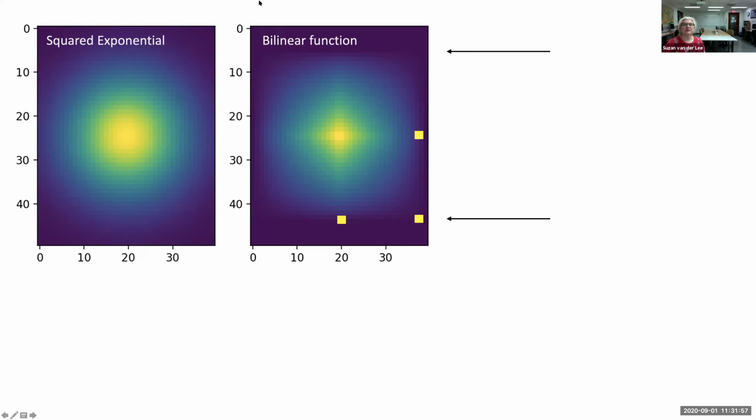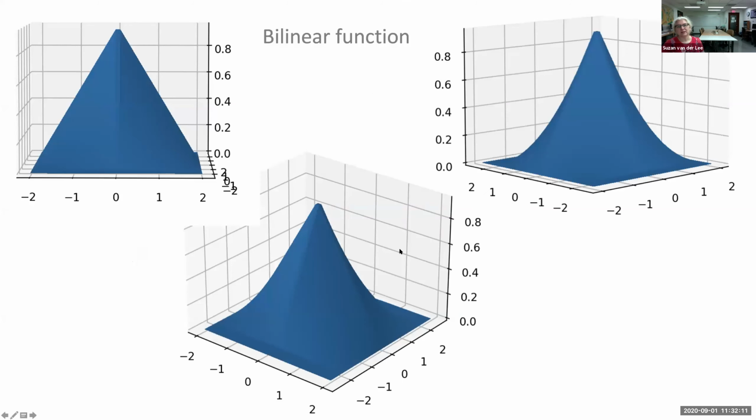So this kind of looks like a Gaussian function, but in 2 dimensions. And what does this bilinear function look like? You could think it's a pyramid, but it's not exactly a pyramid. This is that function, looked at from a perspective in 3 dimensions.